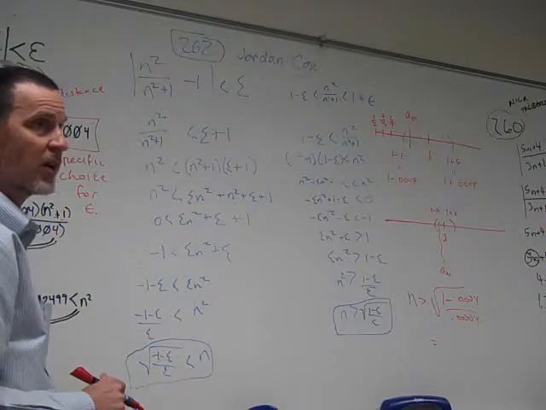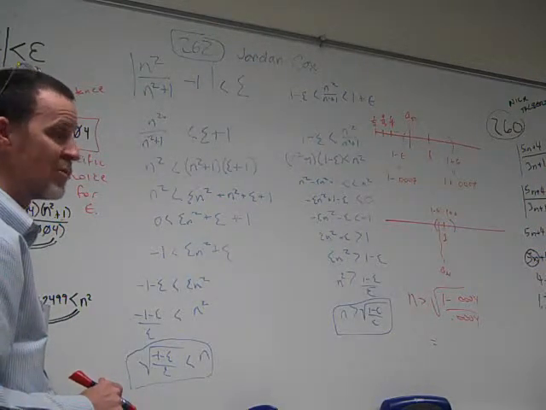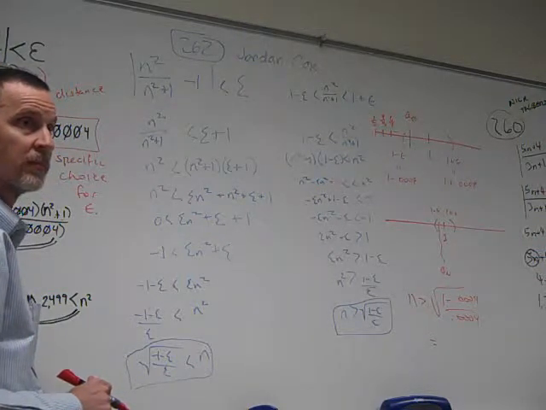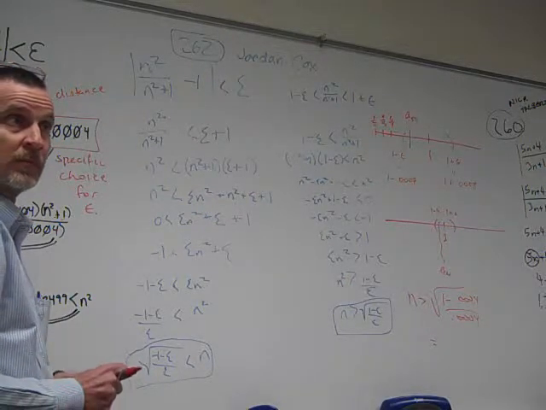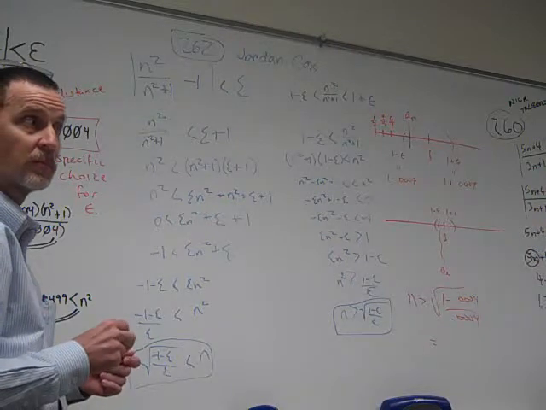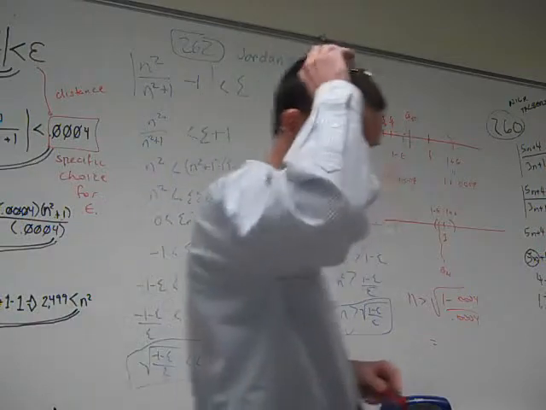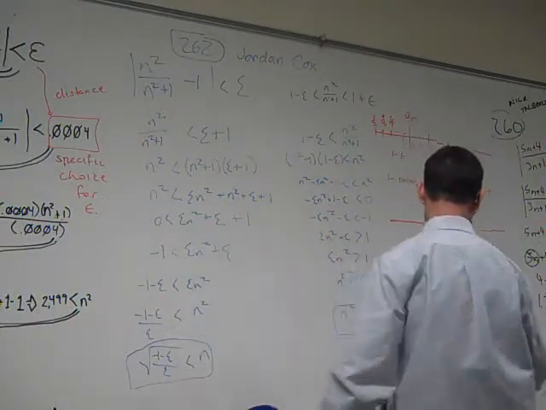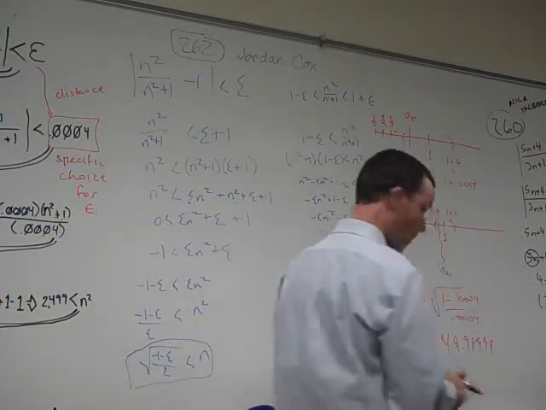We'll check them both at the same time, right? Wow, 49.98999. So as epsilon gets bigger, a sub n gets smaller.